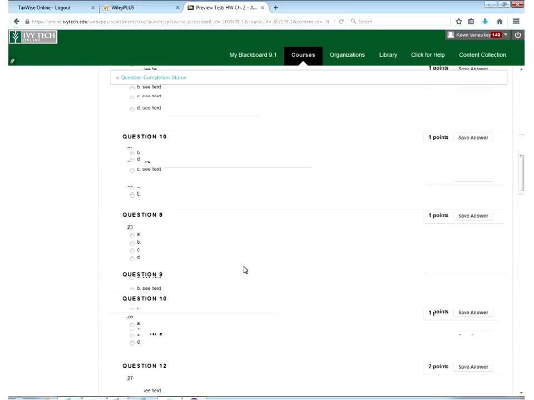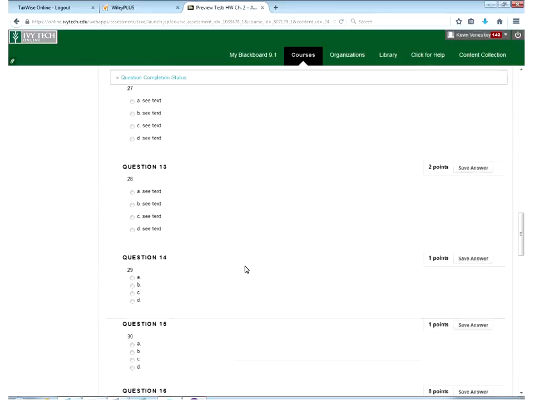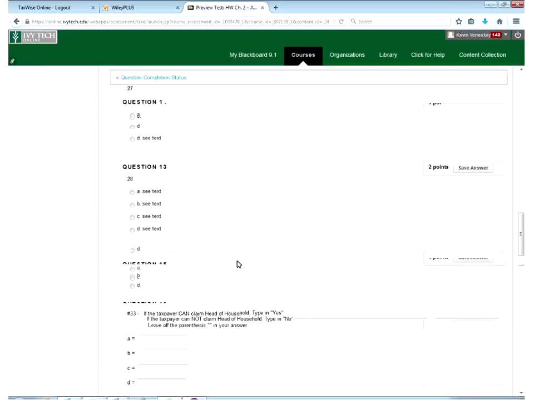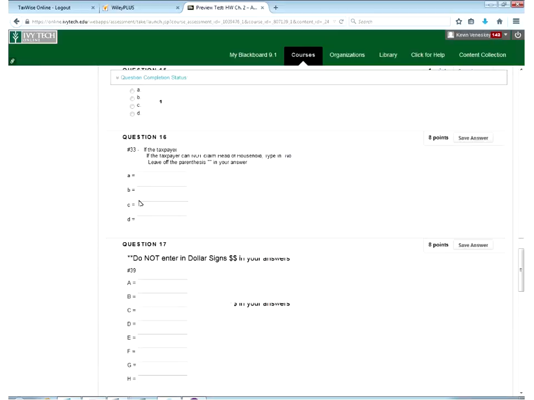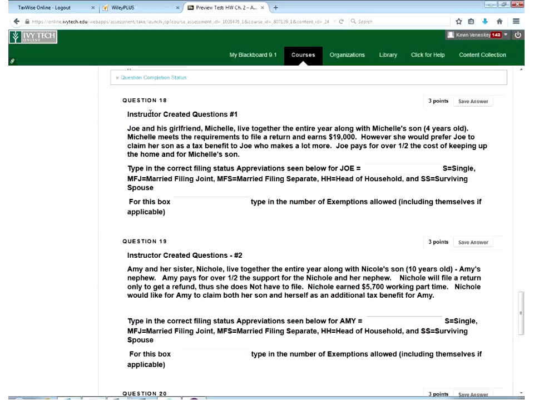But the main reason I wanted you to log in and go into the actual site where your homework is submitted is to go down to the non-multiple choice questions, the ones where you actually have to fill in something. Some of them are in the back of the text, beyond the multiple choice at the end of each chapter. And then I usually have 1 or 2 questions that I call the instructor created questions.